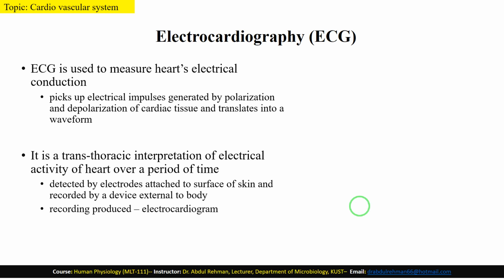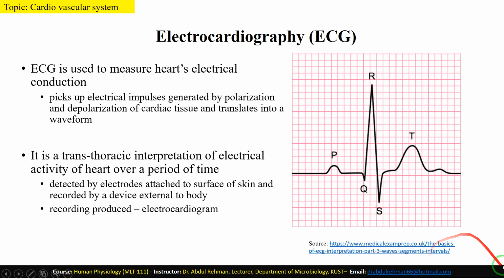Normally it is detected by placing electrodes over the surface of the skin and then recorded by a device called an electrocardiogram, which gives us the status of the heart in graphical form, containing different peaks. Here you can see the P, Q, R, S and T waves.